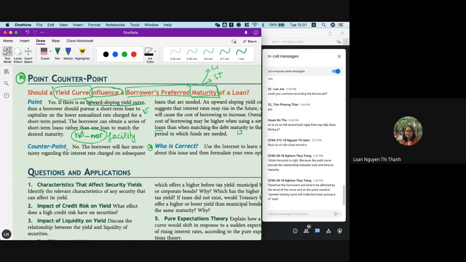Anyone? Anyone favor counterpoint? We can select the point, right?